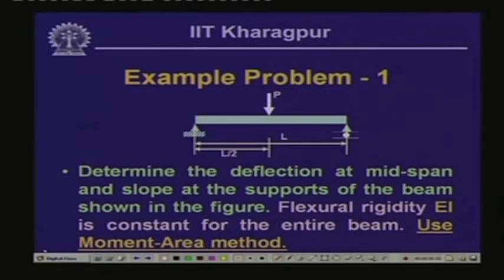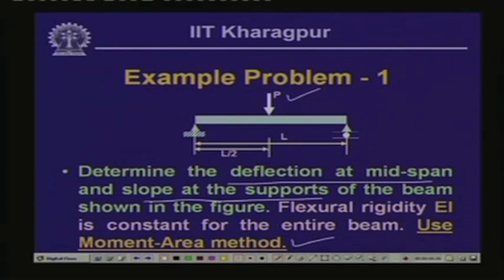Well, let us look into the example problem which I had given to you last time for evaluating the slope and the deflection. So, deflection at the mid span and slope at the supports for the loading indicated over here, and you will have to use moment area method to evaluate the slope and deflection.